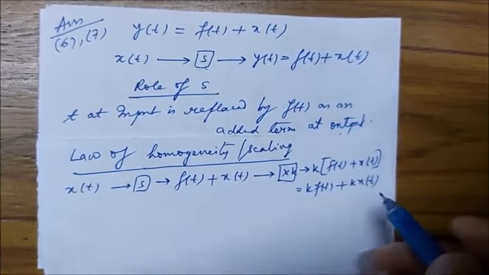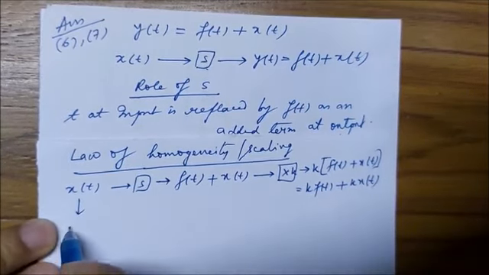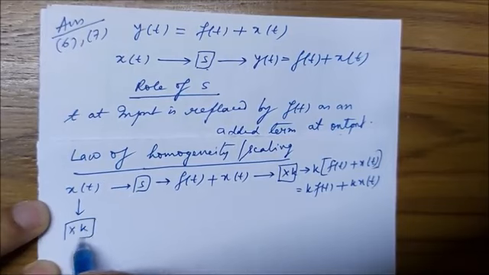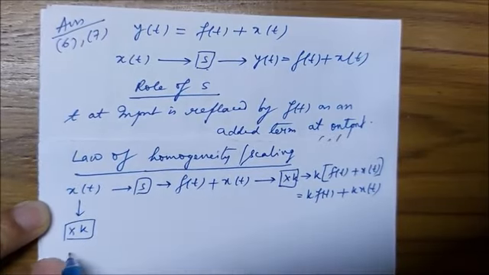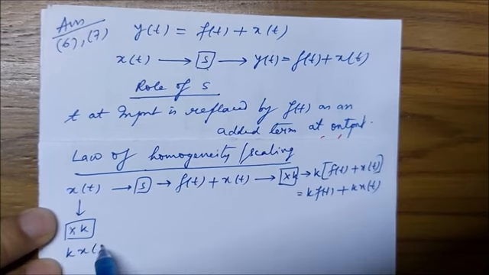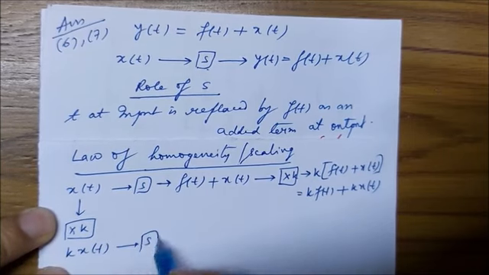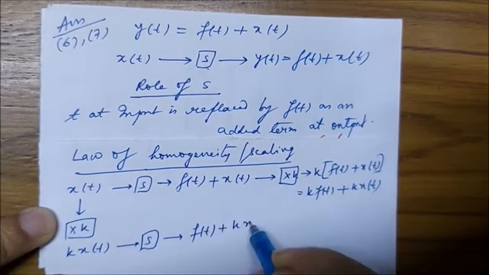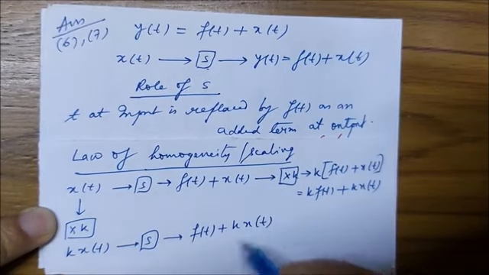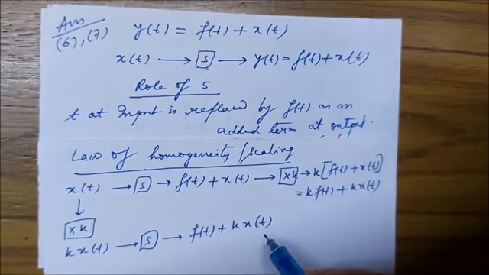This is the response. But if we scale the stimuli before application to the system, we have kx of t, so this is what we get as a response.